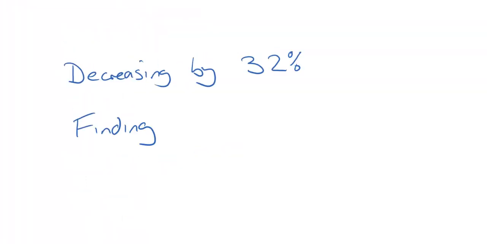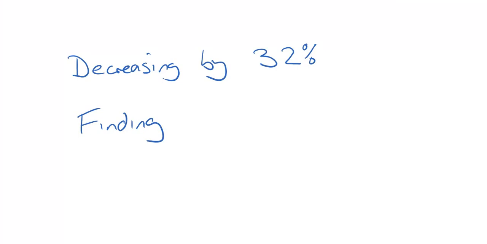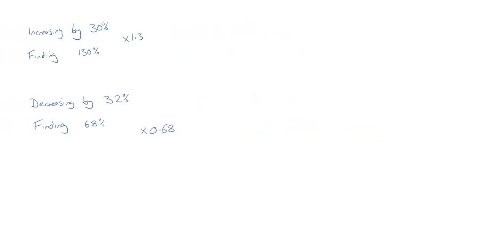Decreasing, if I'm going to decrease by 32%, what is the equivalent? Well, it's finding 68%. Decreasing by 32% is the same as finding 68%. What's the multiplier? Multiplying by 0.68.